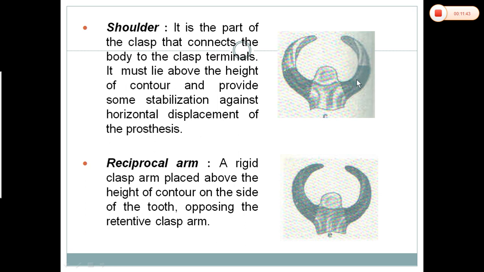Shoulder. This is the rest, the body, and this is the shoulder. The shoulder connects the arms to the remaining part of the body.